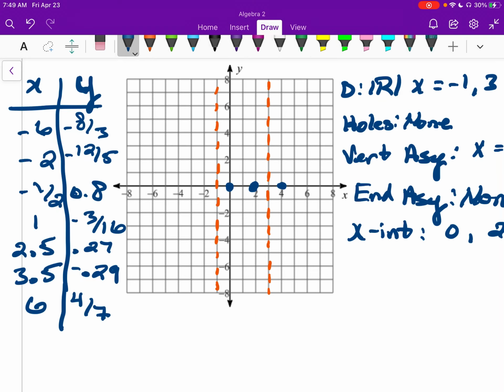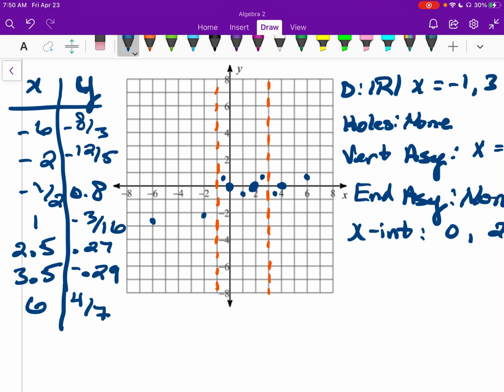So at -6, 2 2/3 will be somewhere right in that region. At -2, -12/5 is going to be -2 2/5. So something like that. At -1/2, 0.8 will be somewhere right in there, positive 0.8. Something right in there. Then we'll have something there. Something in that region. Something right there. And something in that region.